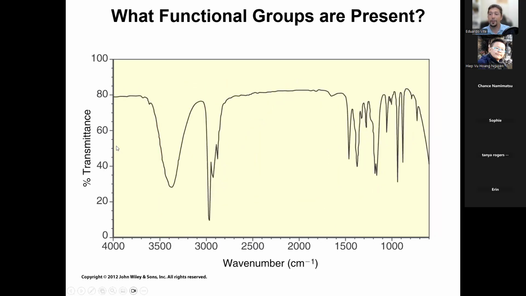What functional groups are here? What is in this molecule?